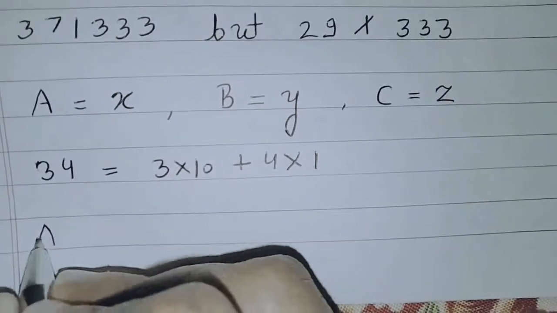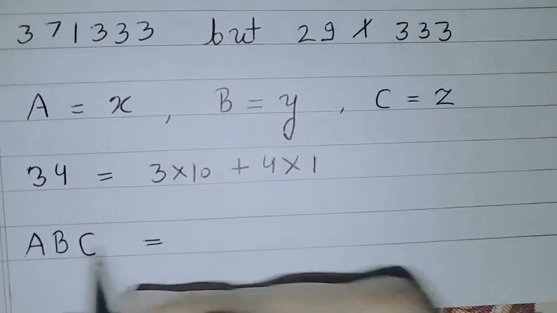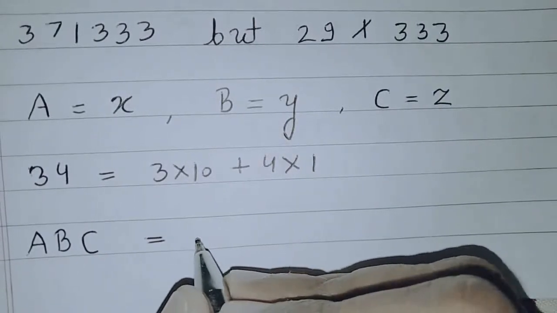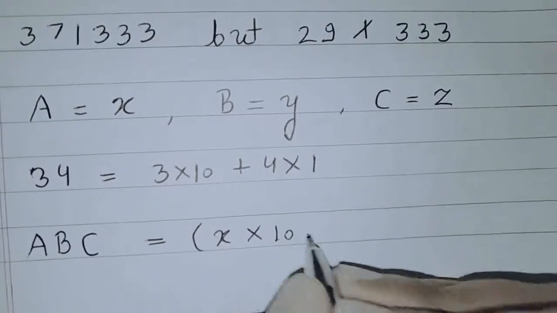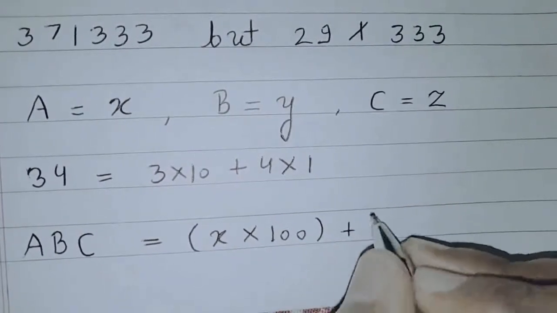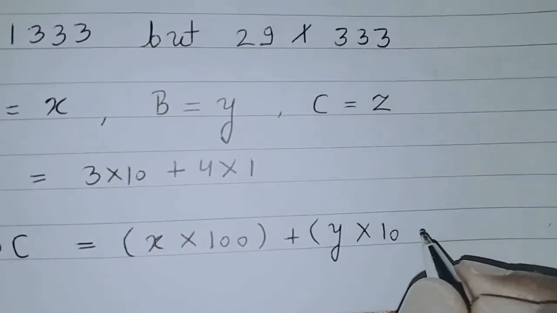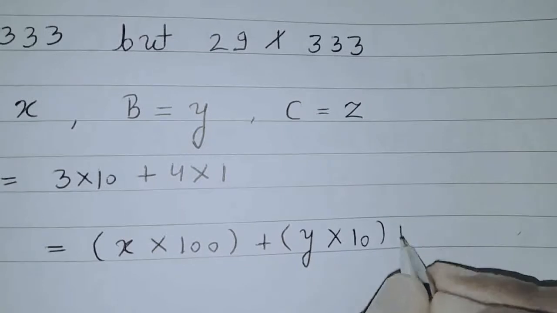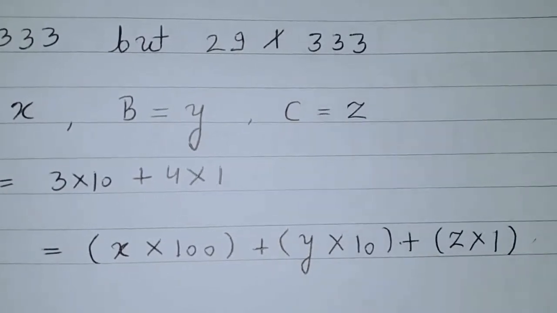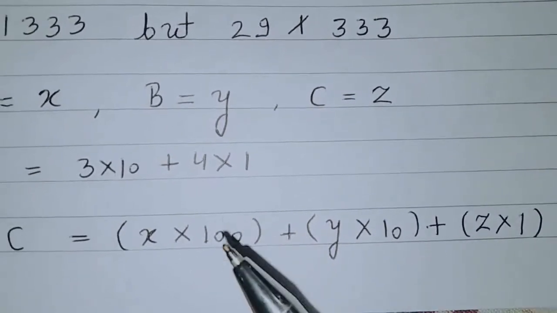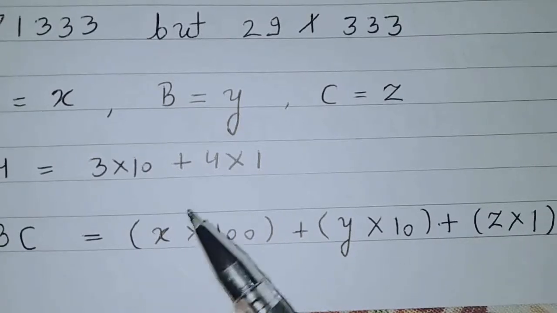So you can write ABC, which is actually a number, as X into 100 plus Y into 10 plus Z into 1, by using the place values and the face values.